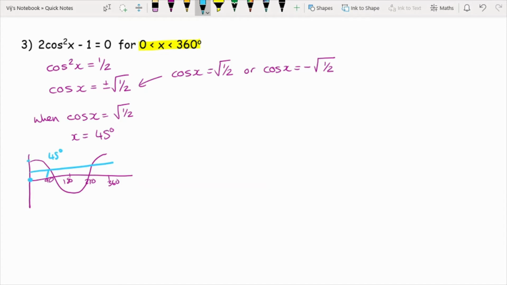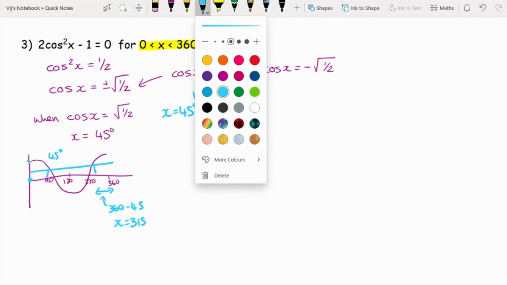So to work out the next intersection point, that's going to be here, which is going to be 360 minus 45, which gives me an answer of 315. So for the answers for this particular expression, when cos x equals root a half, x is going to equal 45 or 315 degrees.